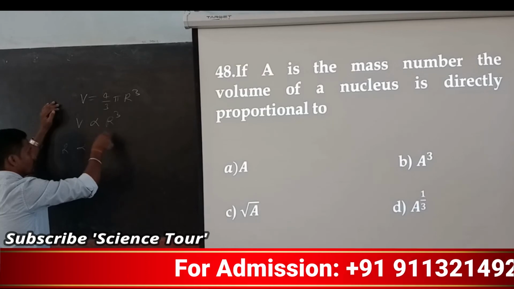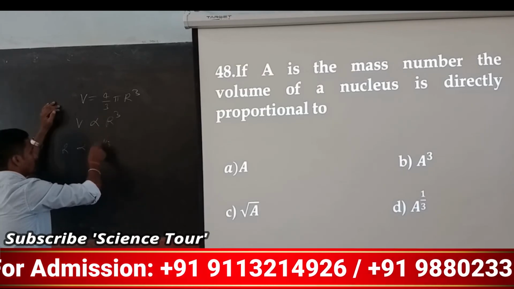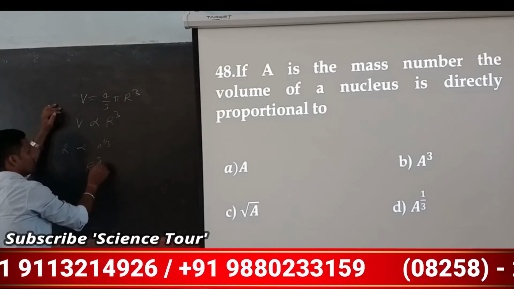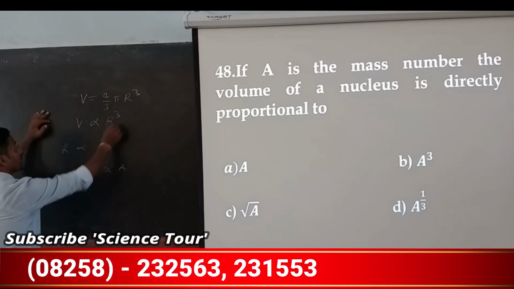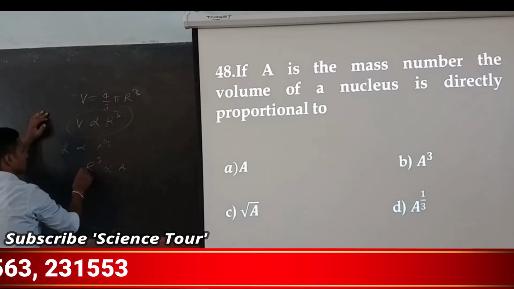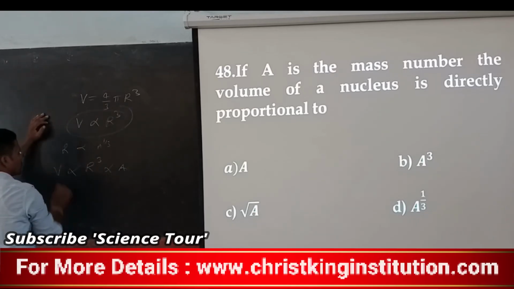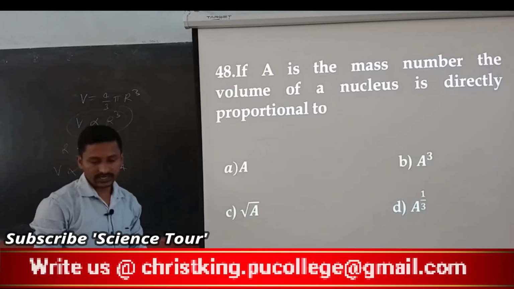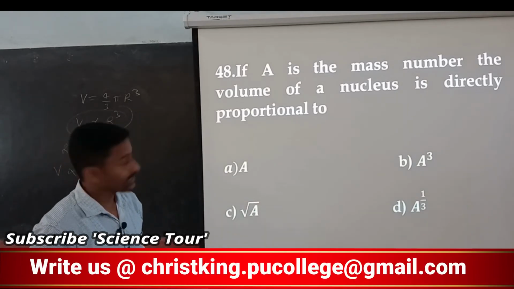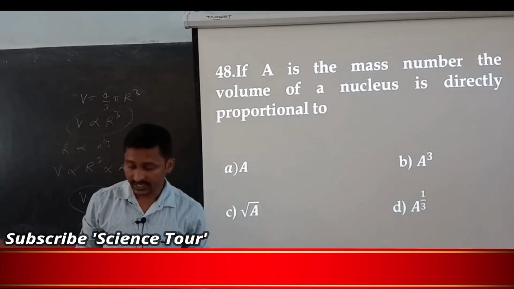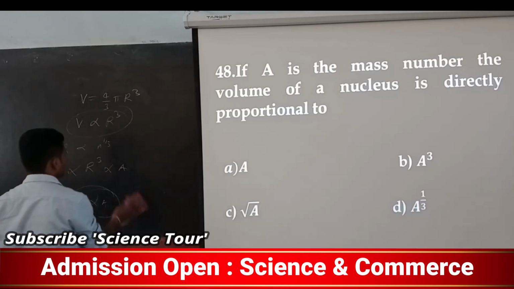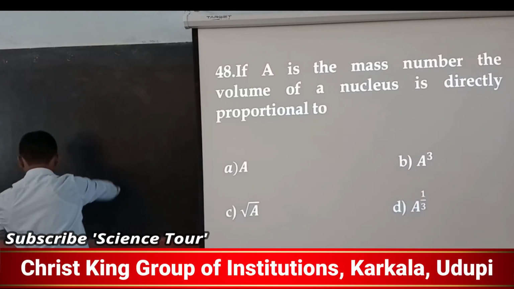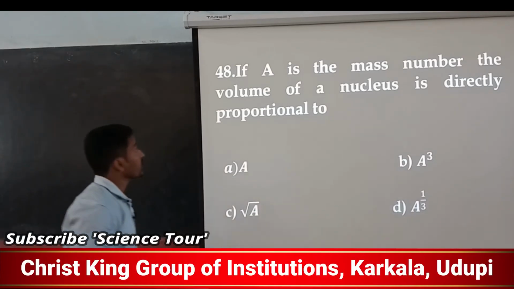I will take the cube root of this, then I get R cubed is directly proportional to A. So volume is directly proportional to A, isn't it? Volume is directly proportional to A. So it is directly proportional to the mass number.